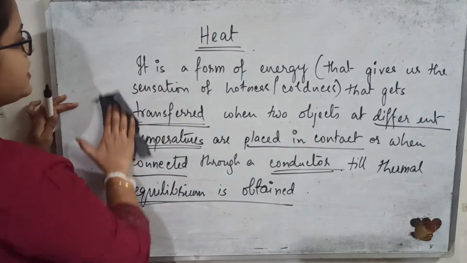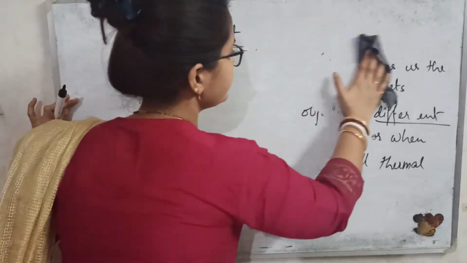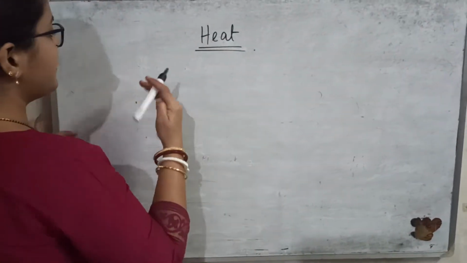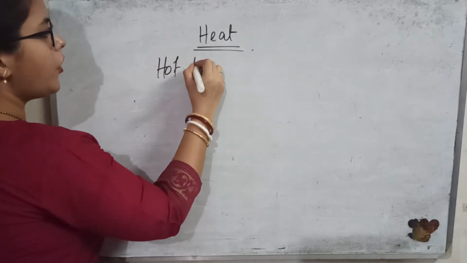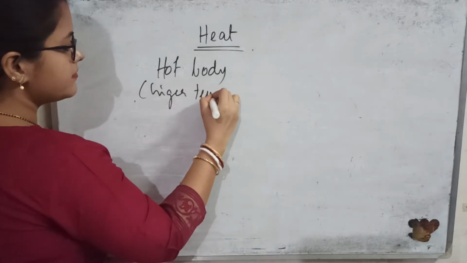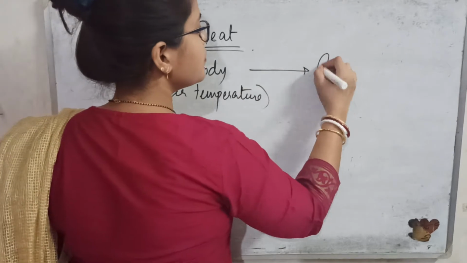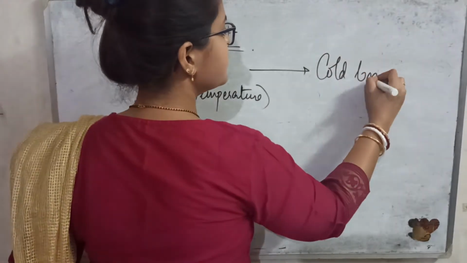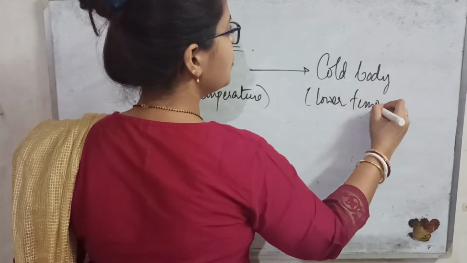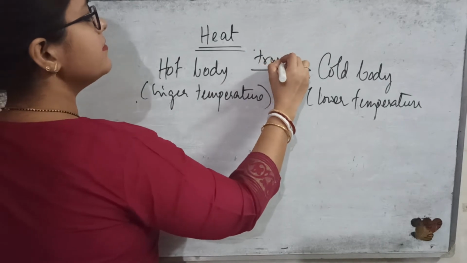Now in which direction will the heat get transferred? From the hot body, which is at higher temperature, to the cold body, which is at lower temperature, and it will keep on transferring.